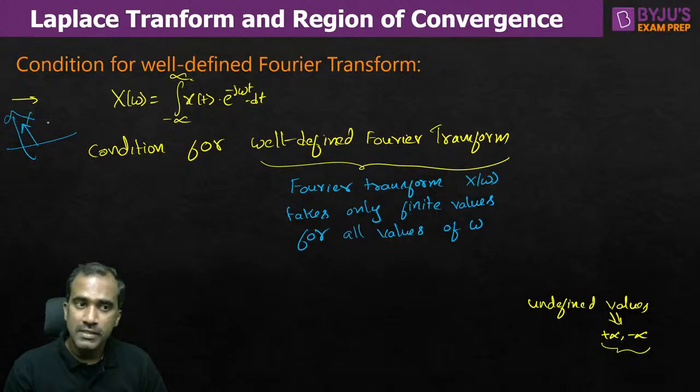If the signal goes like this, it will go to infinity at omega equal to infinity. This kind of thing should not be there. Infinite values are possible with the presence of an impulse, or without an impulse also. These kinds of values should not be there. Only then can we call it a well-defined Fourier transform. Is that okay?